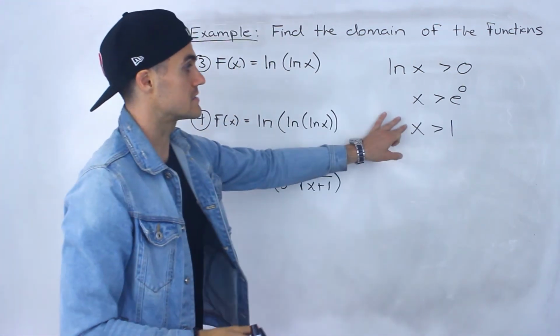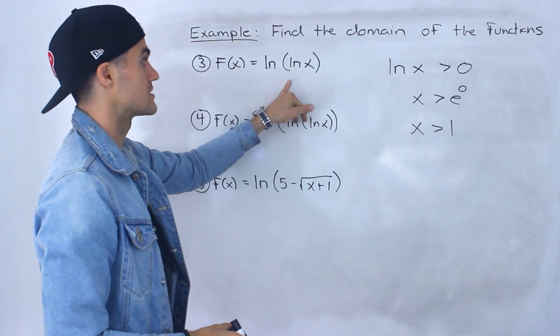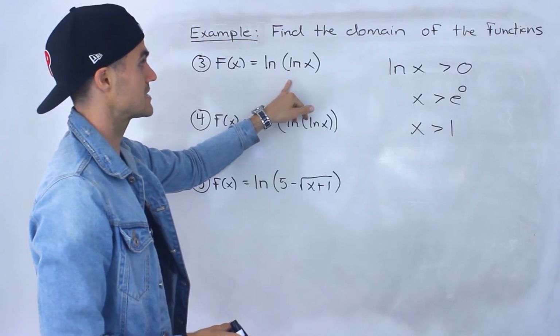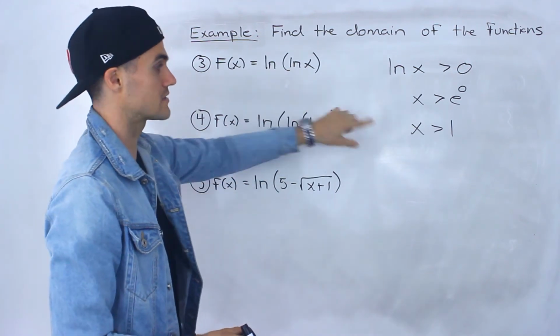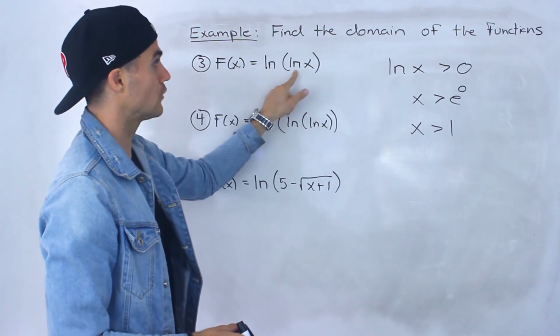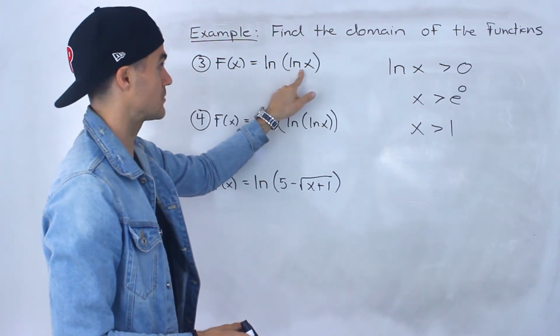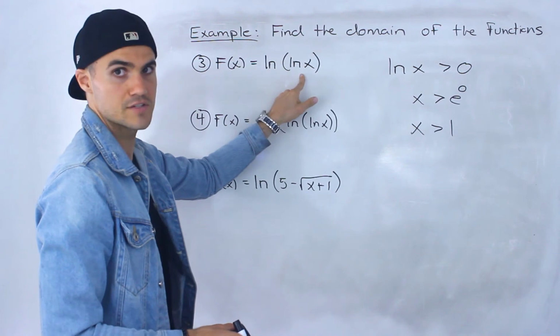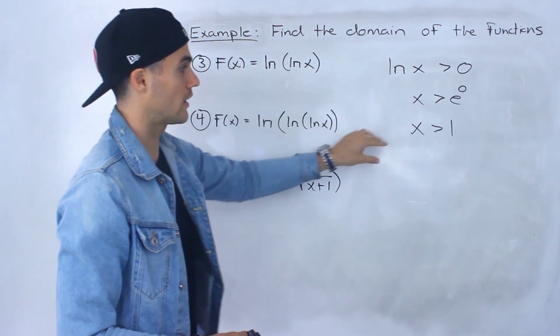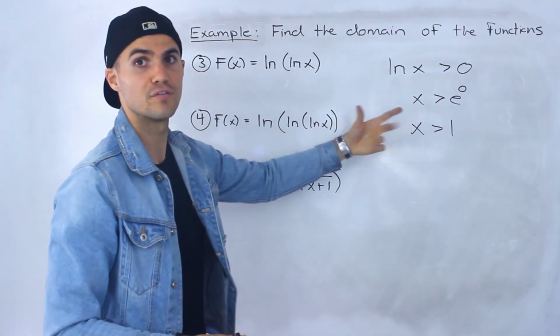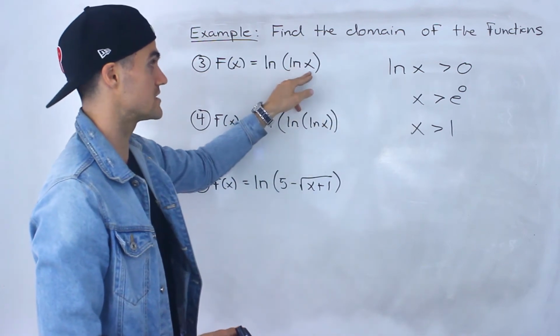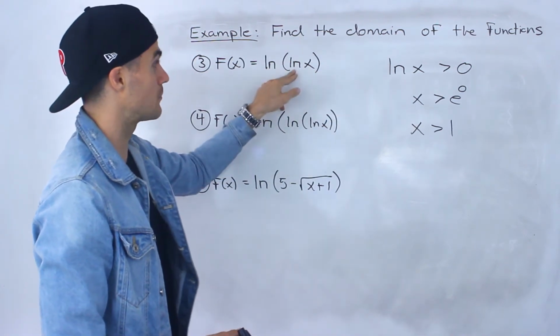Okay, so that is the domain for this function. And that makes sense because if x is 1, then ln of 1 is going to be 0 inside the bracket, but you can't take ln of 0. Or if x is 0.5, for example, we'll have ln of 0.5, which would be a negative number.